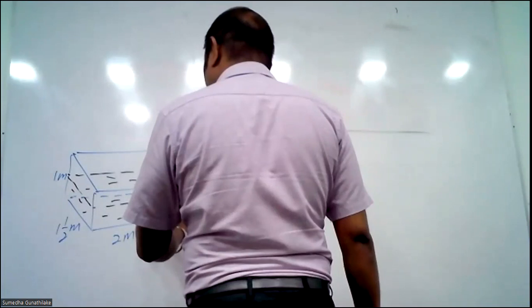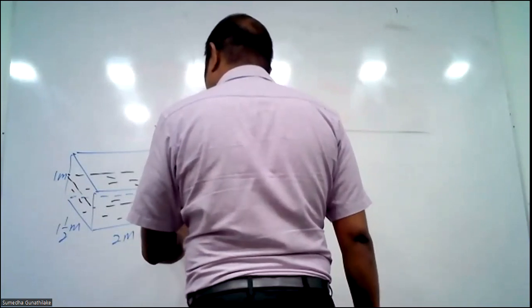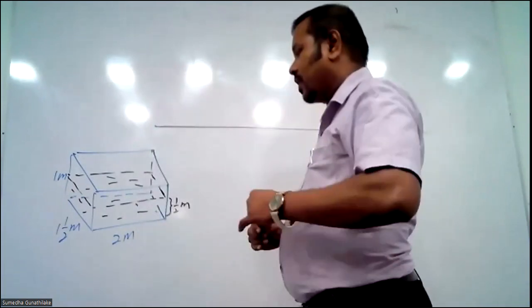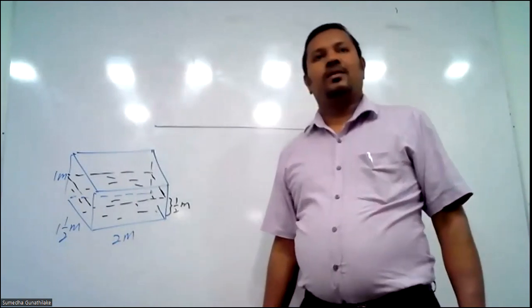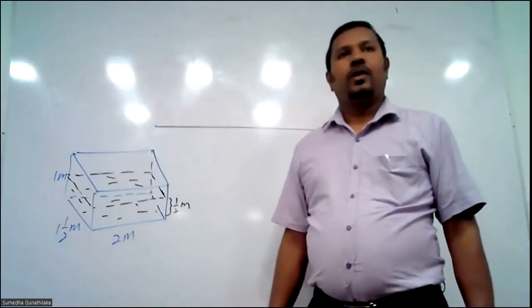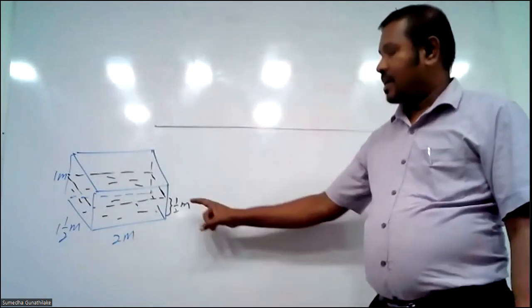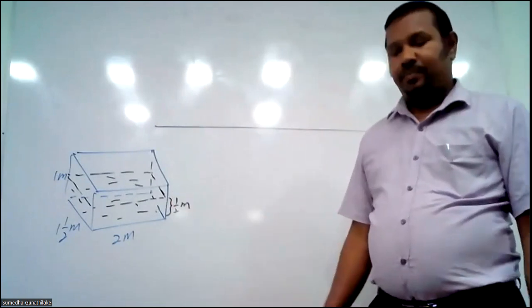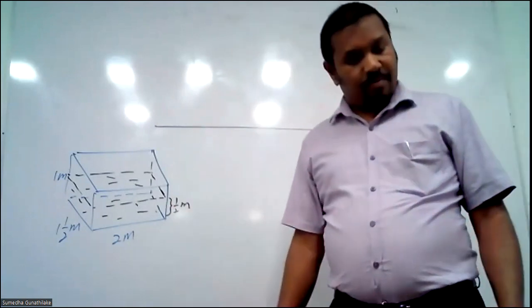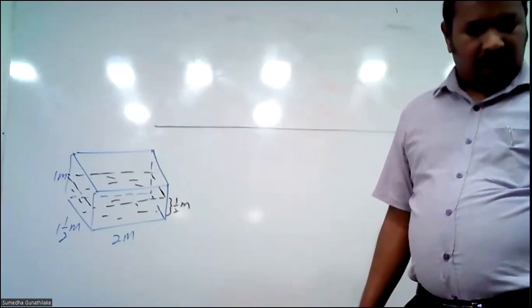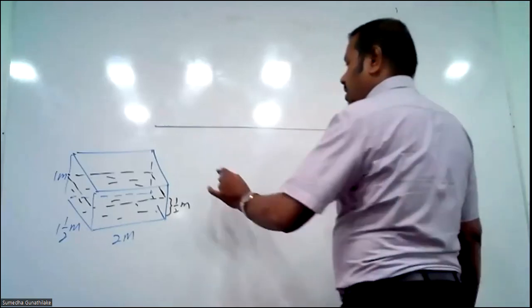That is, the height of the water level is half meter, not 1 meter. And find the filled volume in cubic meters.